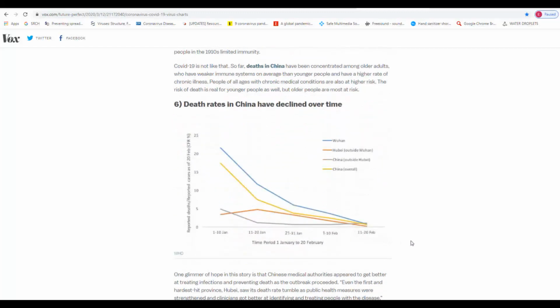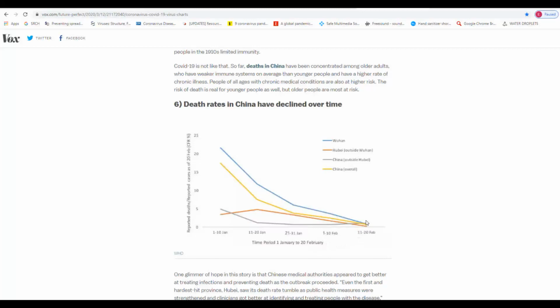Here is a chart that is not a histogram. This is a timing diagram. How death rates have changed in China and various parts of China over the last 3 months. Well, actually, when I look at this, it's from January to February, just 1 month. Right, this is from 1 January to 20 February.